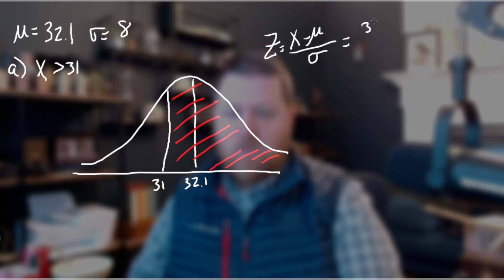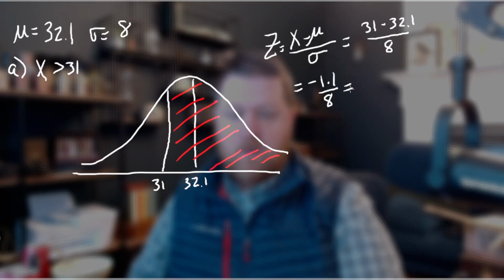X is 31. Let's see, minus 32.1 over 8. So that is equal to negative, what, 1.1 over 8, which is equal to negative 1.